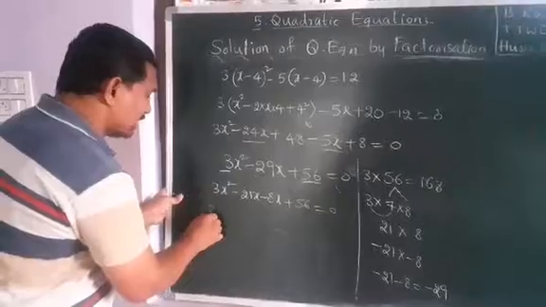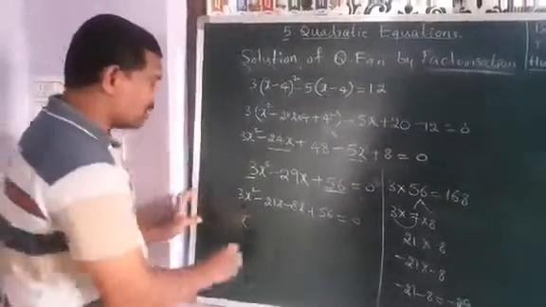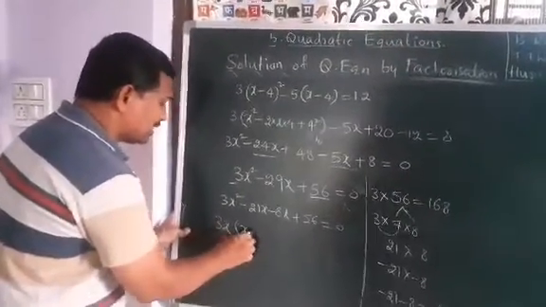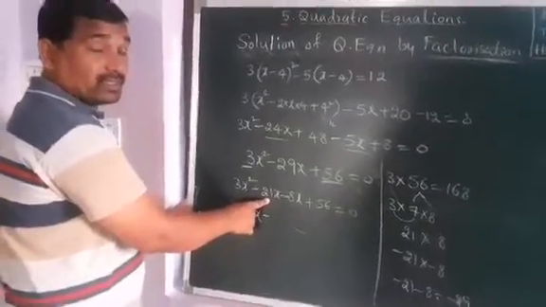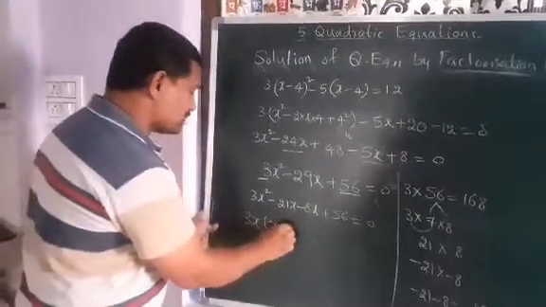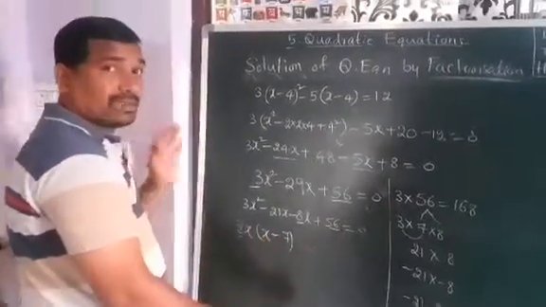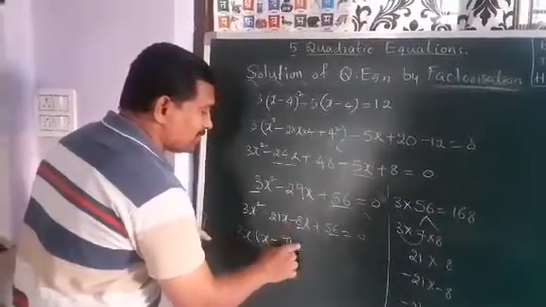So here take 3x common. 3 is a common factor. 3 1s are 3, 3 7s are 21. So take 3x common. x remaining, minus 3 7s are 21. Here 8 is a common factor. 8 1s are 8, 8 7s are 56. Whenever minus and plus are there, take minus common.